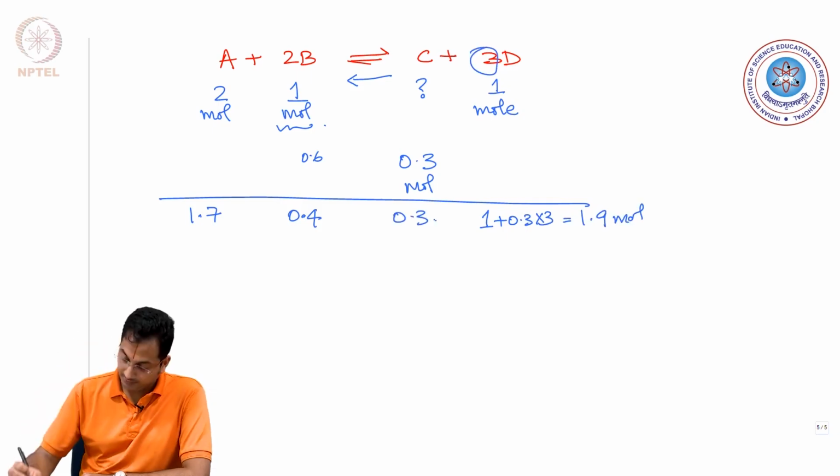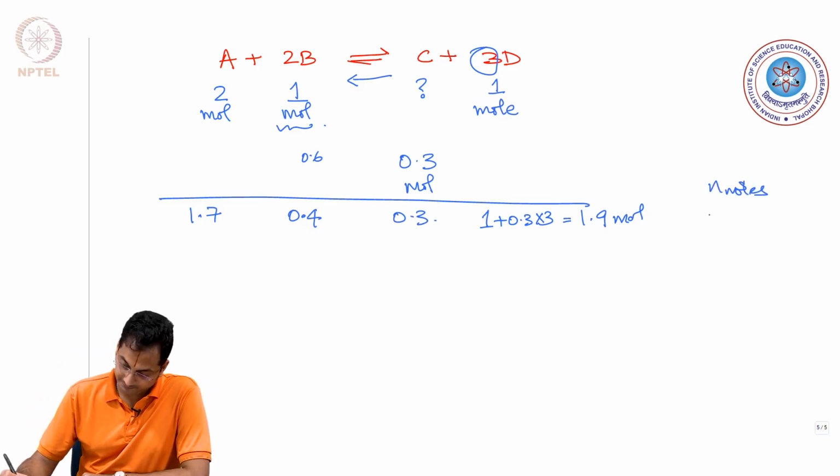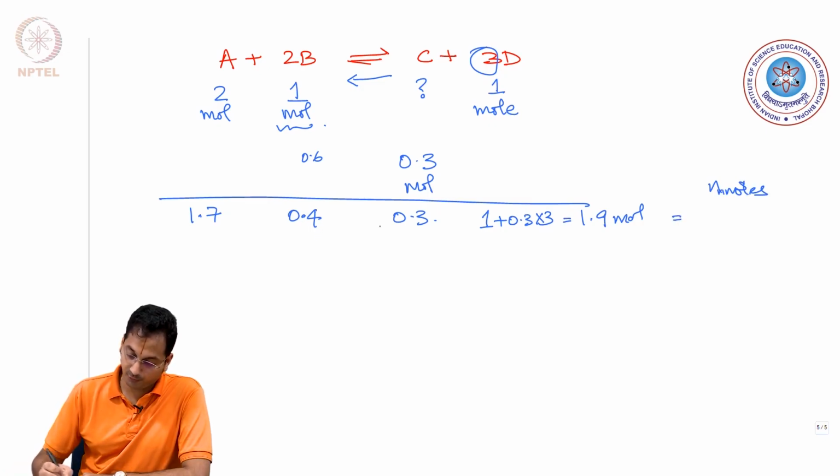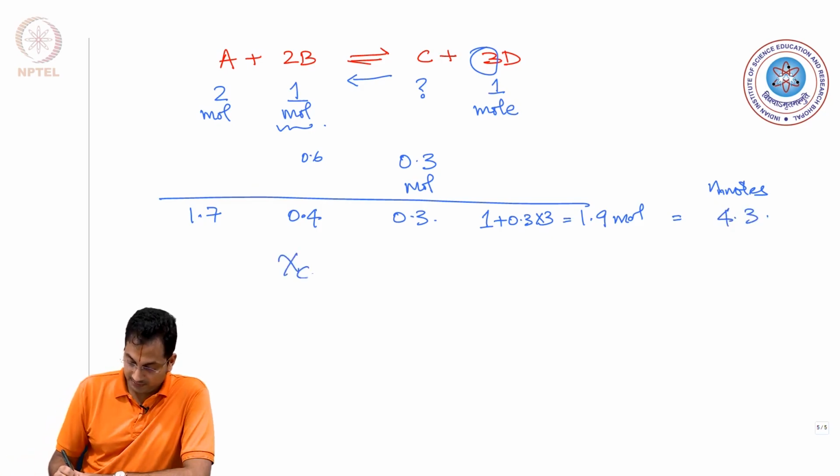Once again, going back, you have a total number of moles which is going to be equal to 1.7 plus 0.4 is 2.1, 2.4 plus 1.9 is 4.3 moles. Now, chi C is 0.3 by 4.3.